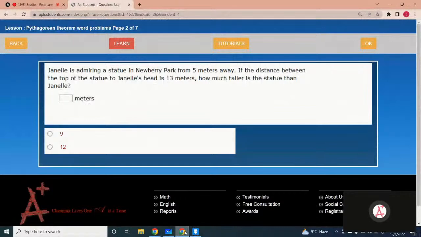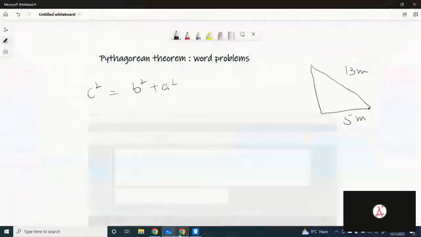You have to calculate the length of the, okay, it would be then this is C, this is B, and this is A. You have to calculate A.